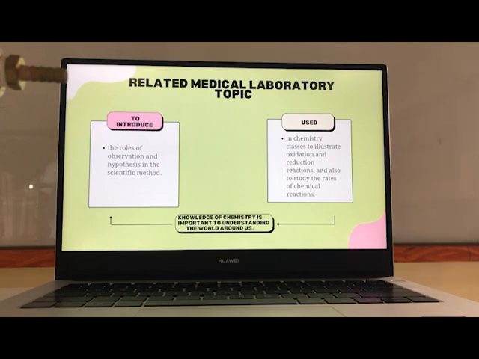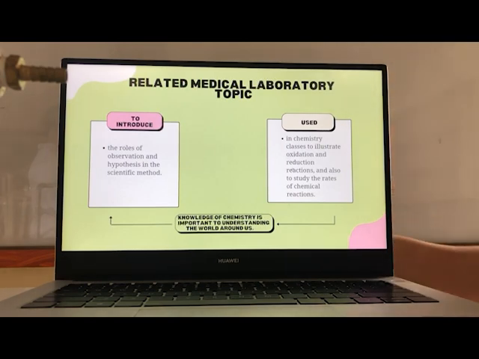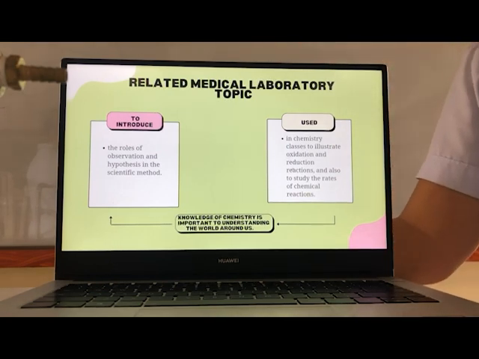For us medtech students, what is the relatedness of these experiments to us? In medicine, in our profession, if the test is correct, the physicians will be able to diagnose diseases more accurately. Explained broadly, the experiments we elaborated to you today are closely related to our profession, since we will be dealing more with the laboratory.